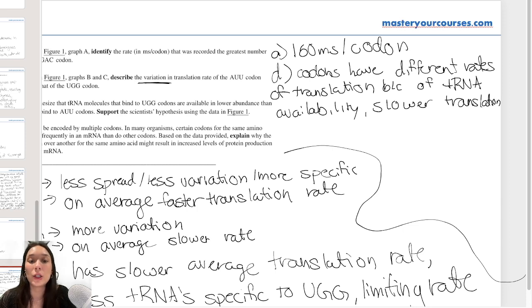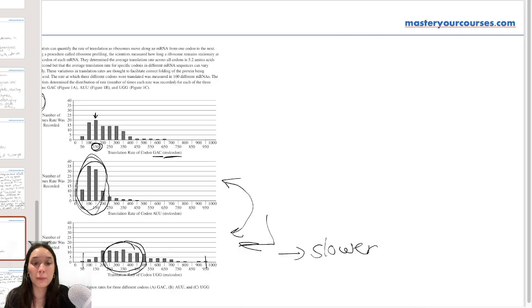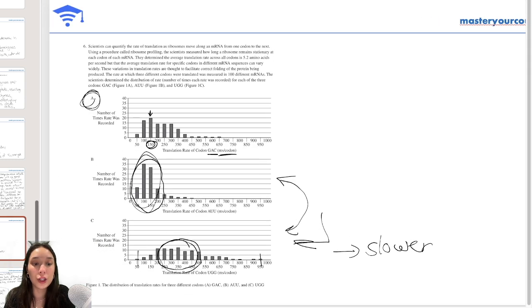So you have to make the connection between rate of translation and protein levels. So you have to say that slower translation would result in decreased protein levels, okay? So since codons are different in how fast they translate, they're also going to be different in how much protein they're able to produce in a given amount of time. So for example, UGG, our slow one over here, is not going to be able to produce as much protein in a given amount of time when compared to AUU.